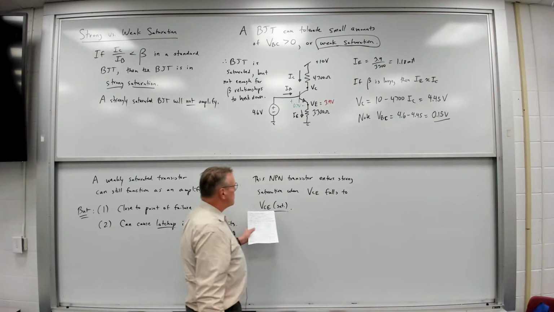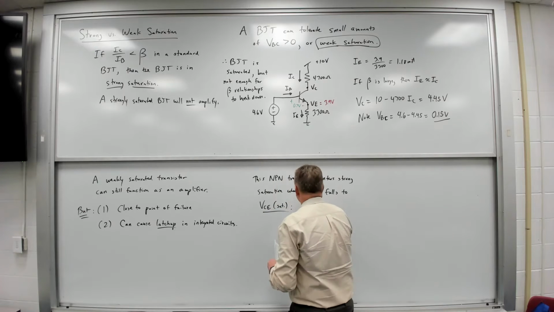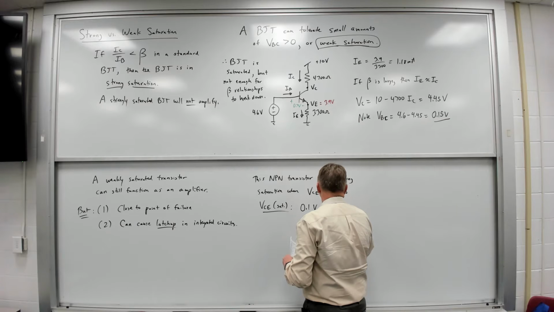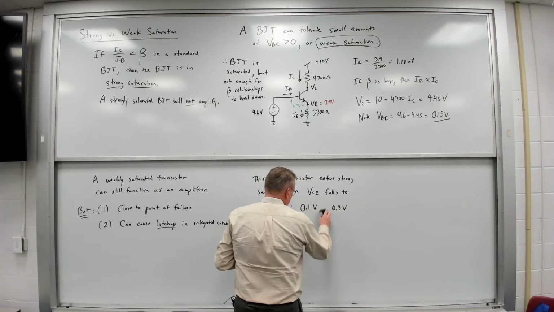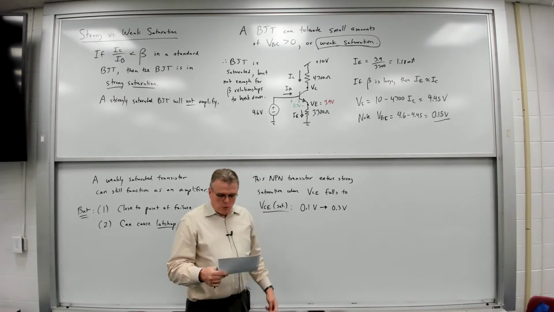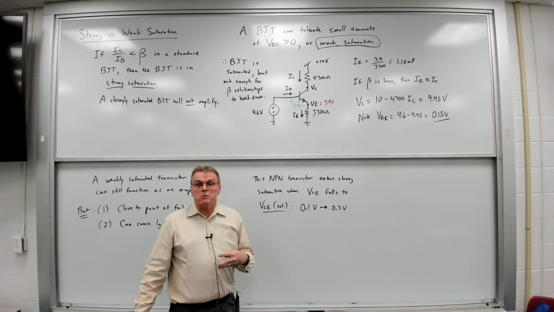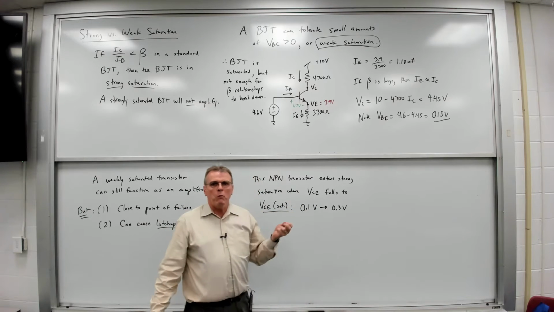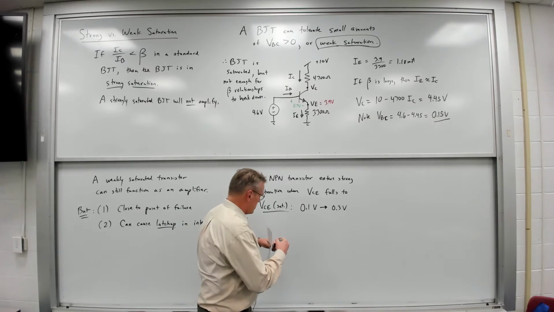So when VCE falls to a VCE sat value, and this is normally in the range of about 0.1 volts to about 0.3 volts are typical values for VCE sat. The textbook will quite often use 0.3 volts as that threshold. You'll see other textbooks will say 0.1 to 0.2 volts. But what you'll typically observe is once you get down to about 0.1 volts or so, VCE is not going to get any smaller.